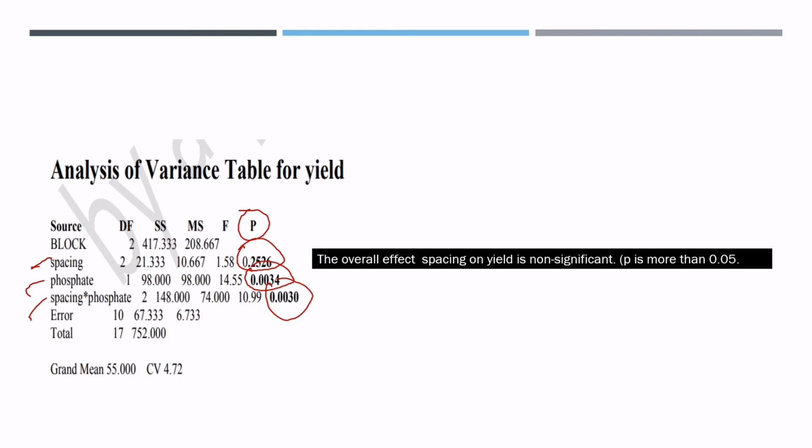On the other hand, the ANOVA indicates that the p-value in the case of phosphate and the spacing and phosphate combination is less than 0.05. Therefore, LSD can be applied for the spacing and phosphate combination interaction and for phosphate only.